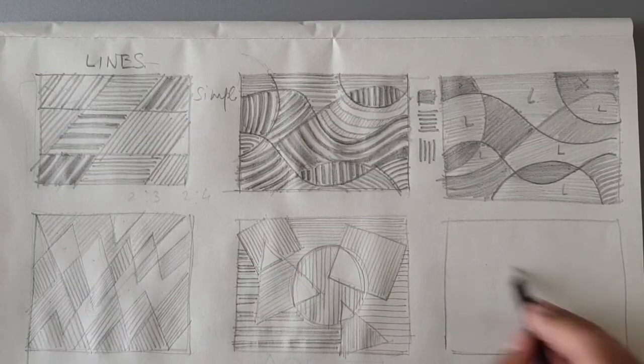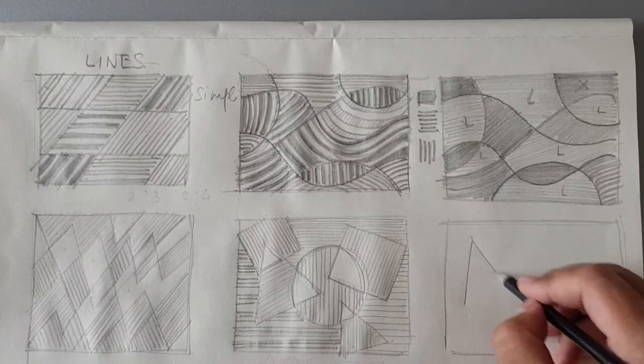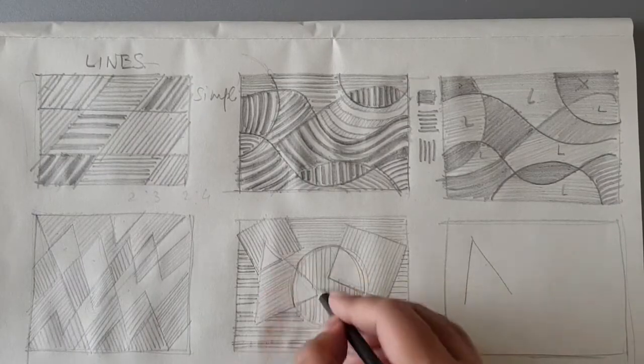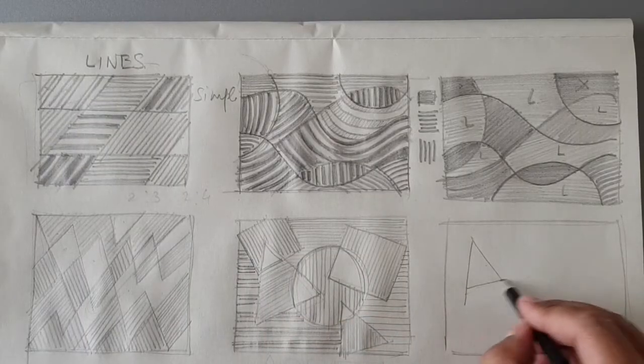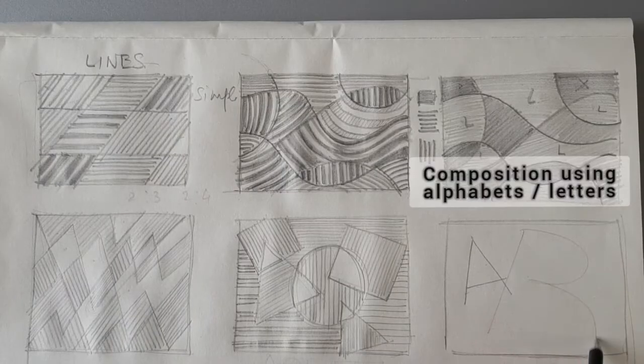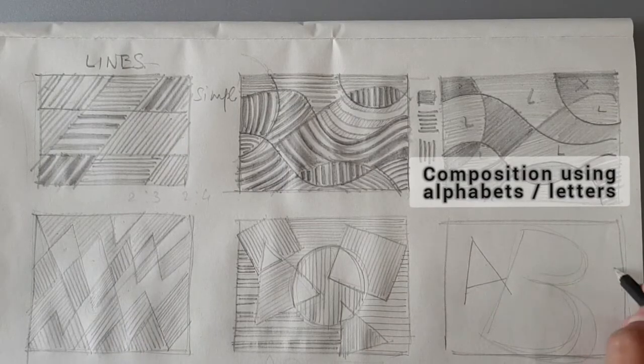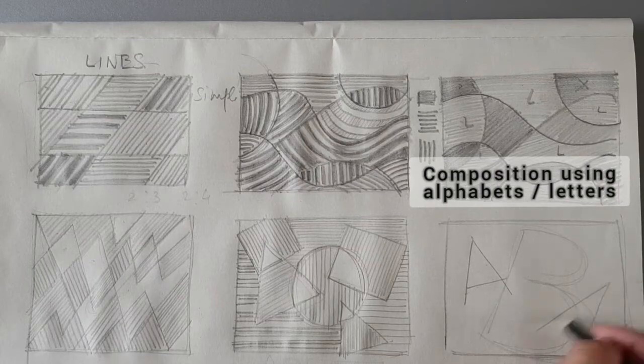The last, or the 6th option, where we have alphabet. In the earlier example we had triangle. So from triangle we can create alphabet A, and then we can use alphabet B, which is a little bigger, and then we have alphabet maybe N, which is going right across the composition here.